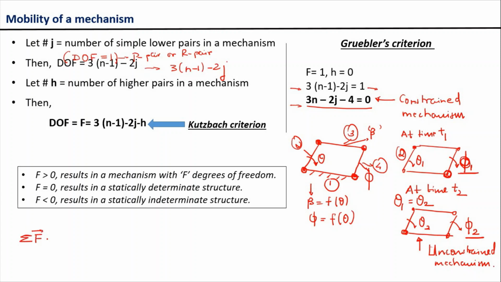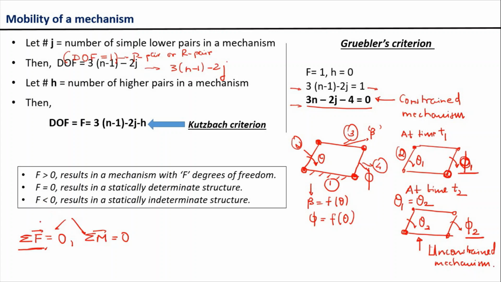They are simply defined as sigma F vector is equal to 0, that means the summation of all the forces in the mechanism should be equal to 0, and then sigma M vector is equal to 0, that is, the summation of all the moments in the mechanism should be equal to 0. Now if using these two equilibrium equations it is possible to solve the structure, then that structure is called a statically determinate structure.